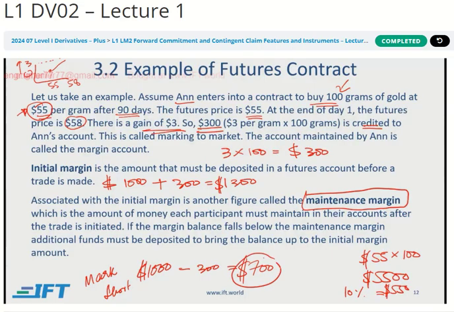If the margin left in Mark's account goes below 550, then he will get what is called a margin call, and will have to deposit more margin. If the balance falls below the maintenance margin, additional funds must be deposited to bring the balance up to the initial margin again, which was $1,000.